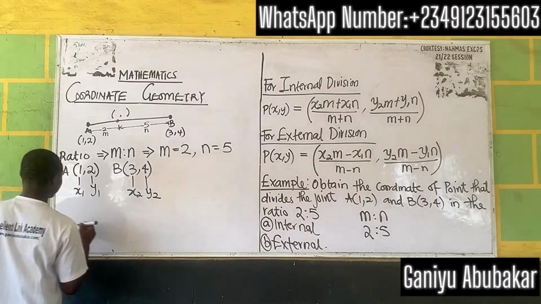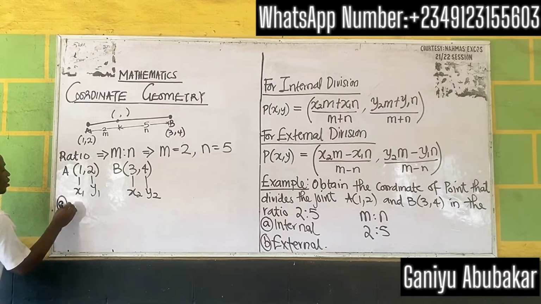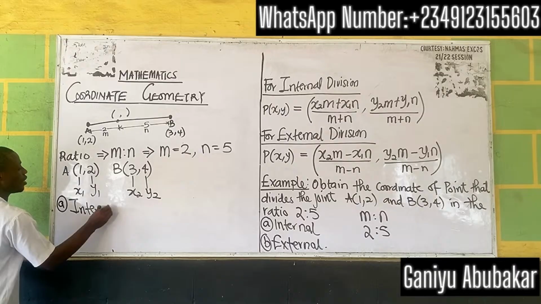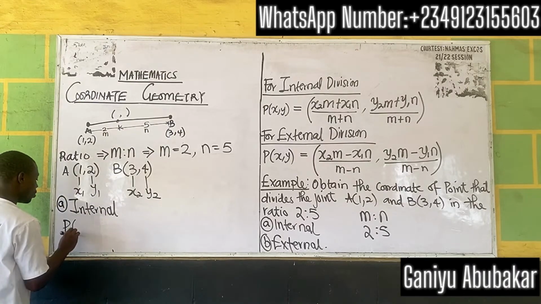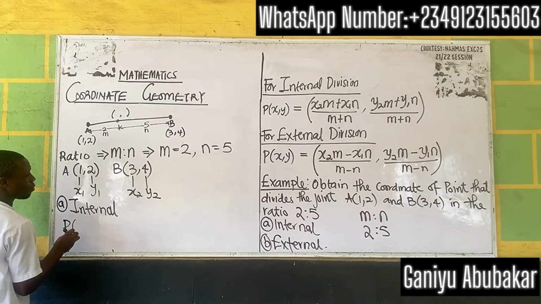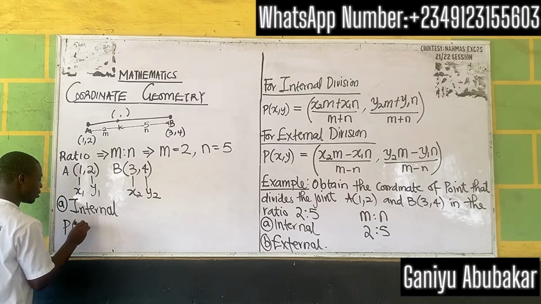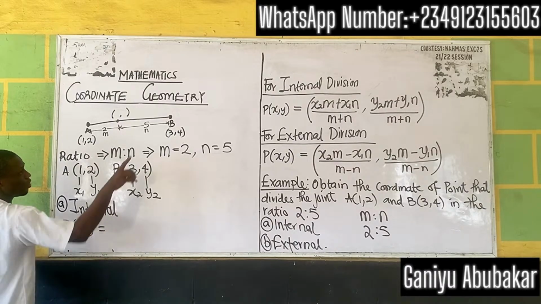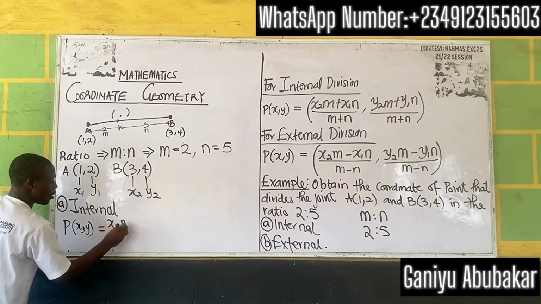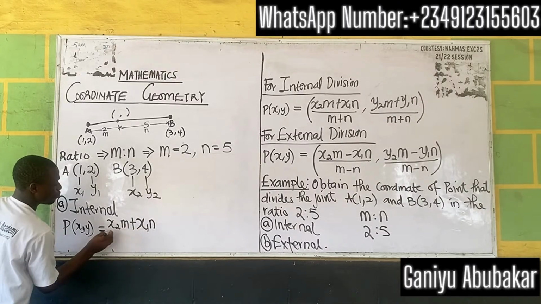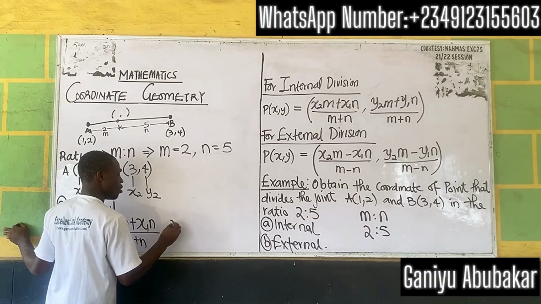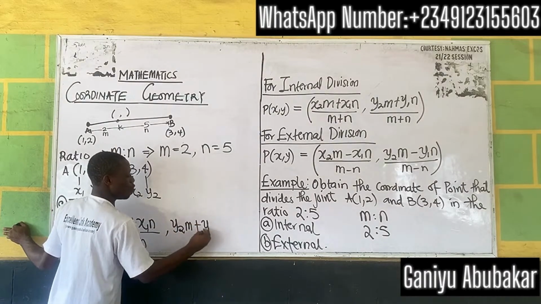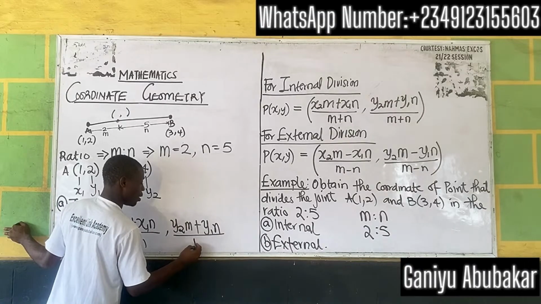So, solution for internal. Let's start with division of line internally. For internal, the formula is given by the point P, in this case x, y, equal to (x2m plus x1n) all over (m plus n), comma, (y2m plus y1n) all over (m plus n).